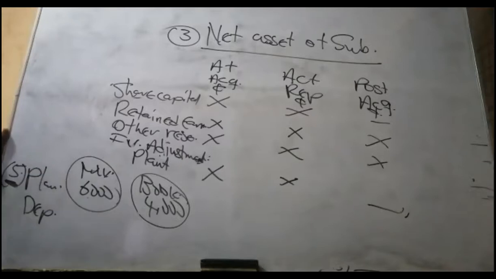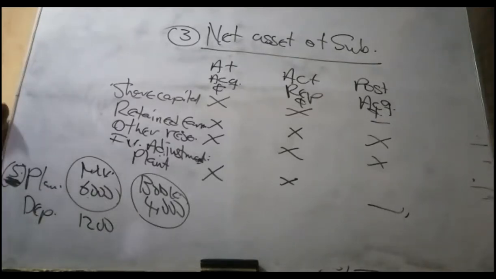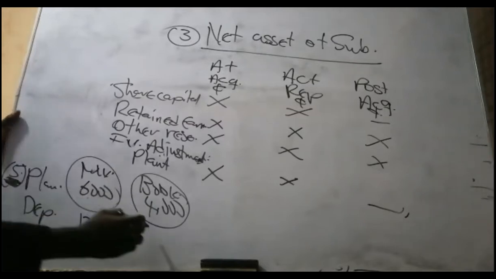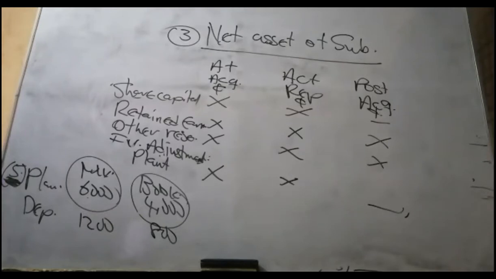Divide 6,000 by 5 years, because the useful life of the asset remaining is 5 years. So 6,000 by 5 is 1,200. The depreciation per year is 1,200. And 4,000 by 5 is 800. So that means depreciation has created what we call excess depreciation.